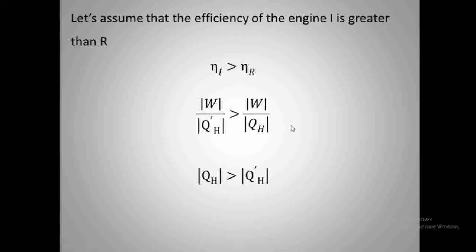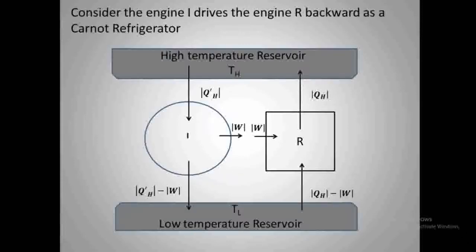So we are now considering a Carnot refrigerator, represented by the letter R. The work delivered by the irreversible engine is used by the Carnot engine to extract some quantity of heat from the low temperature reservoir and transfer this heat to the high temperature reservoir.